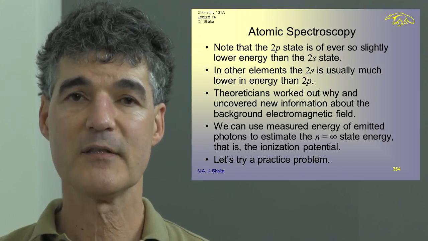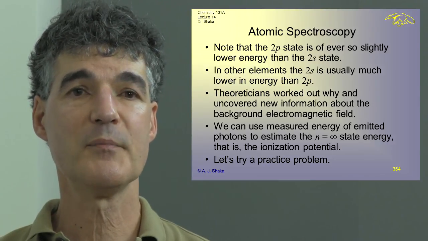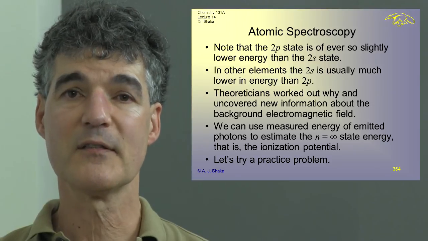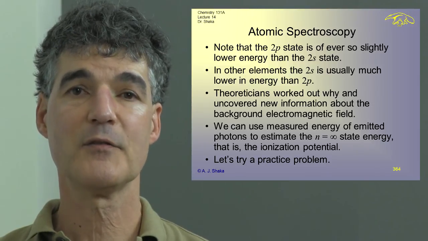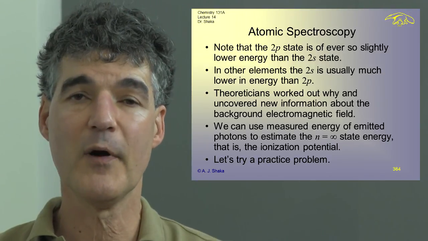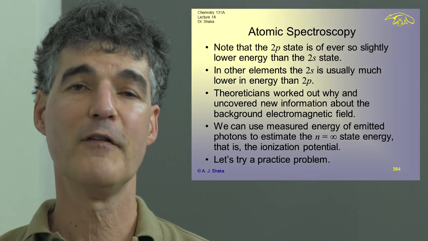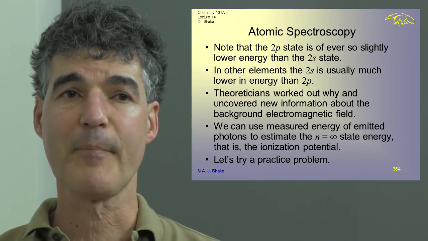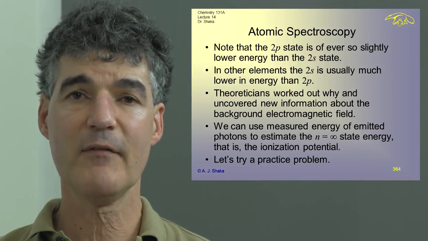energy than 2s, which is quite a surprise because in other elements, of course, 2s is lower than 2p. That's why lithium is 2s1 and not 2p1, for example, and we don't fill up the 2p until we get over to boron. But in hydrogen, it's kind of an anomaly.